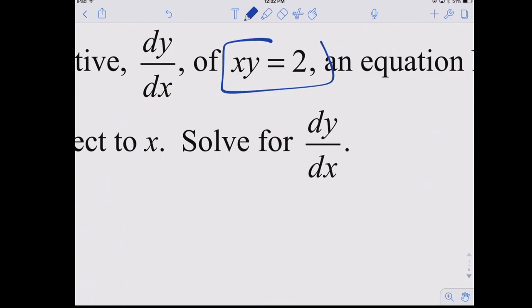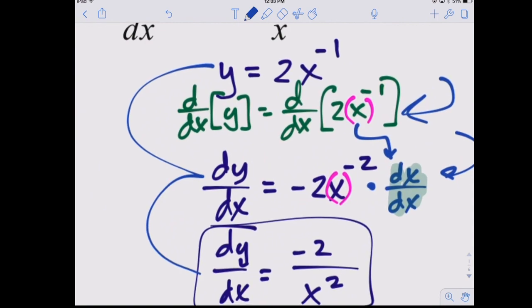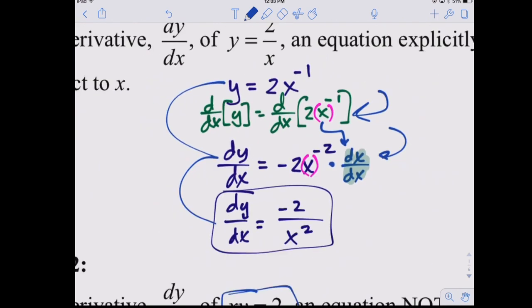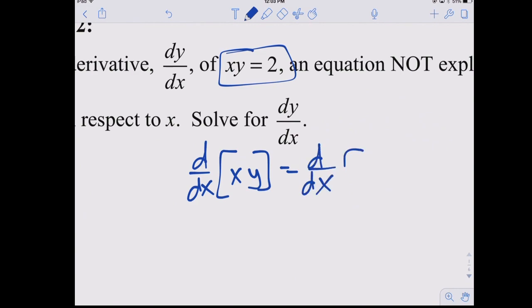We're going to take the derivative now of the same equation, but now it's in implicit form, xy equals 2. If it's in implicit form, you can't just go straight to dy dx equals, which kind of indicates the process that you're doing. So what we do then is we take the derivative of both sides with respect to x. And now that's indicating our method, which is super important to show.